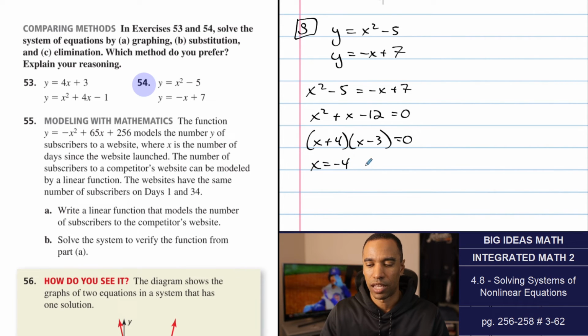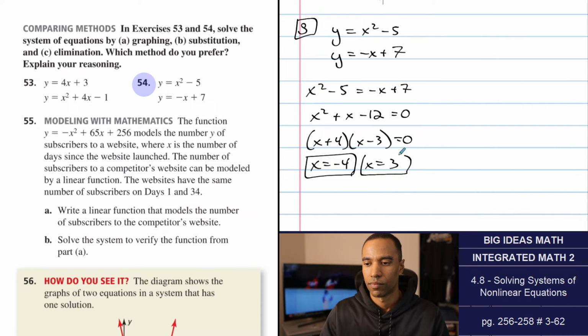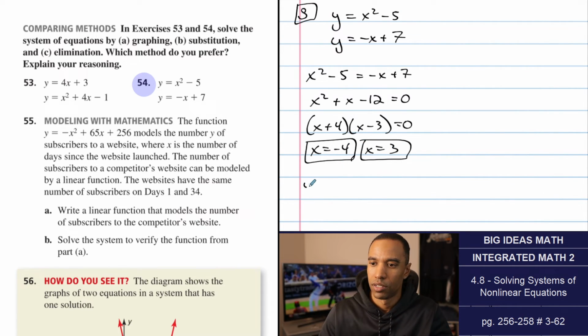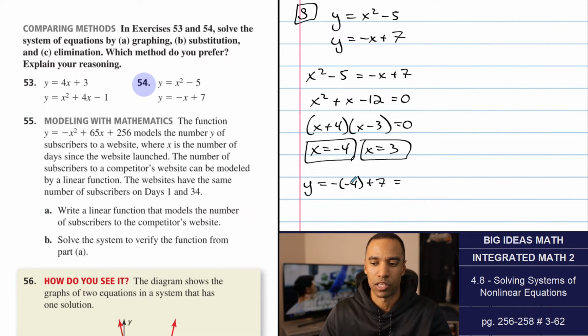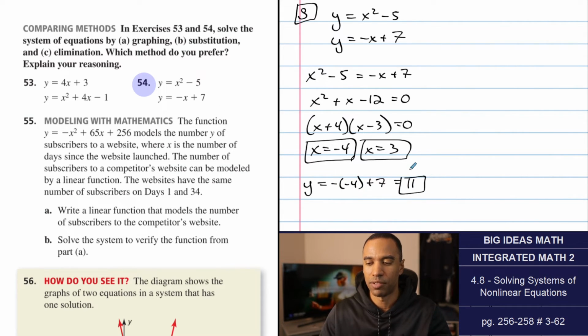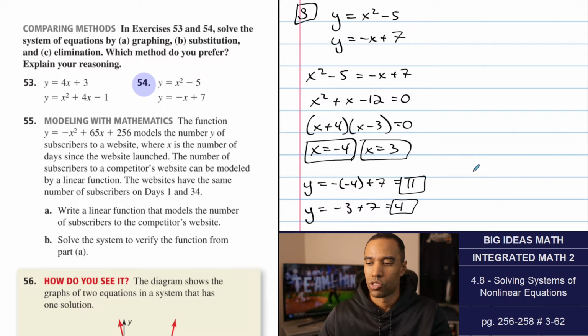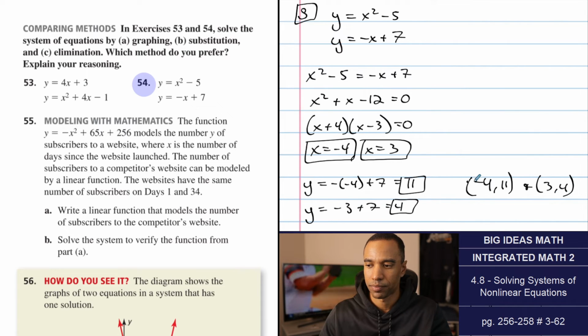So x equals negative 4 and x equals positive 3. Let's substitute these into an equation. I like the bottom one. So y equals the opposite of negative 4, plus 7. And listen, I do a lot of this one in my head, right? 4 plus 7 is 11. And y equals negative 3 plus 7, which is 4. So we get final answers of negative 4 comma 11 and 3 comma 4 like we had above.